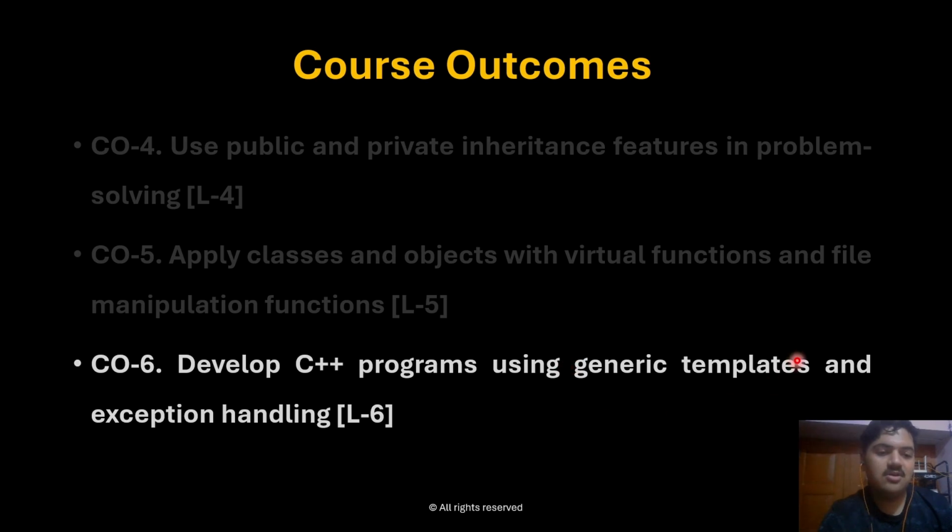Templates are the code which is written once and used multiple times, and exception handling deals with the exceptions that occur during the execution of the code or during the compilation of a code.